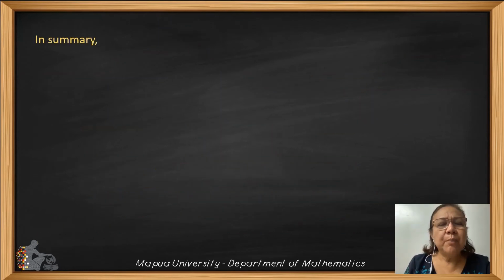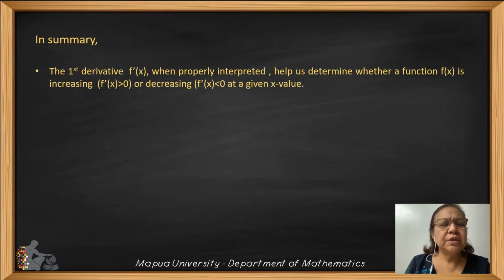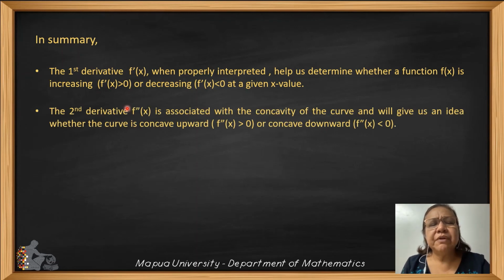Okay, to recap what we have taken up in this lesson. First, the first derivative f prime of x, when properly interpreted, will help us determine whether a function is increasing or decreasing at a given x value. The second derivative value is associated with the concavity of the curve and will give us an idea of whether the curve is concave upward or concave downward.